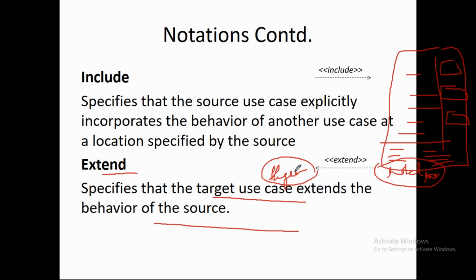Flight ticket booking has hotel bookings as extended things. So that's how we should be reading it. It specifies that the target use case extends the behavior of the source. Hotel bookings are the extension to the flight ticket booking. So that is when we use the extend notation.